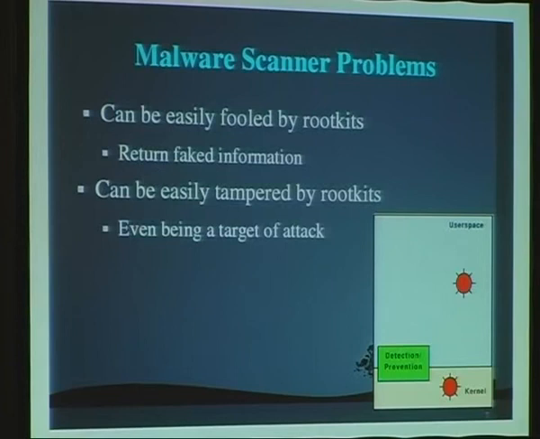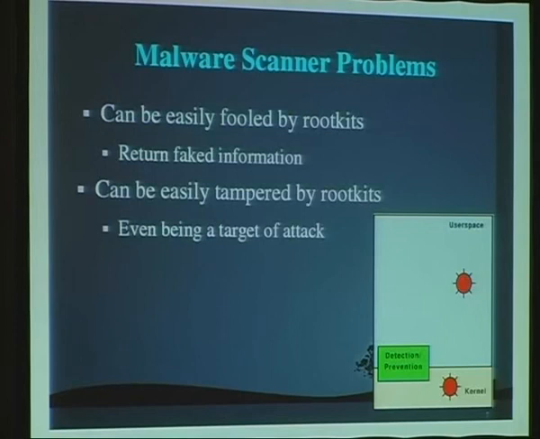First of all, you can see the malware can run in user space, the malware can run in kernel space, and the malware scanner can run in user space or kernel space or both. And you can see that there are some big problems. First of all, you can have the malware running inside the kernel, so the malware can return fake information to the malware scanner. So the malware scanner cannot see the real information, right?